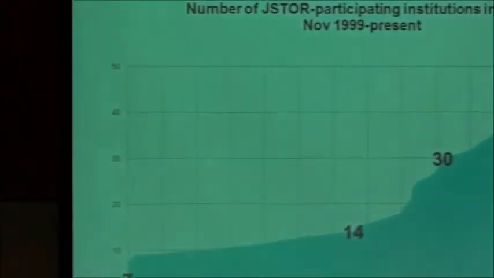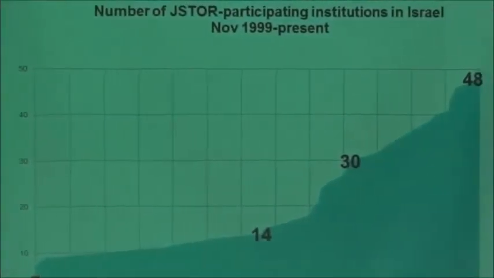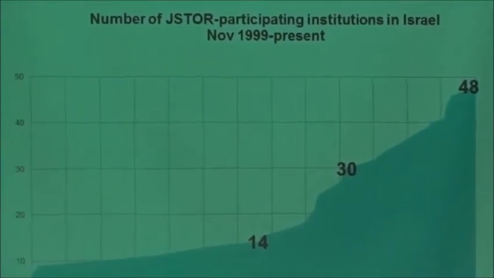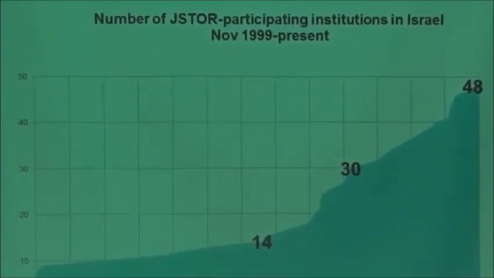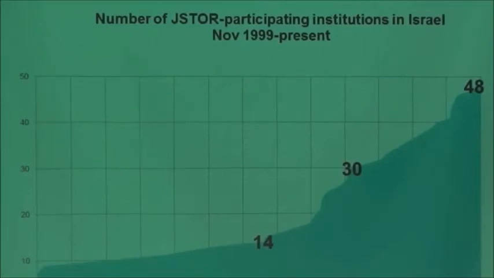One of the great values of JSTOR is how much data we have, and we want to share that. We share it with libraries and we want to share it with publishers. We want to help you to understand usage, to understand it in the context of what else is happening, and we can create a kind of dashboard of what you want to look at and get you that information.